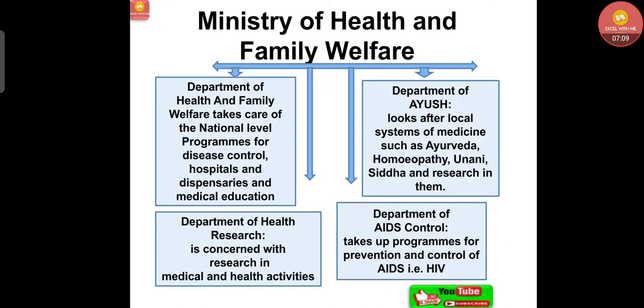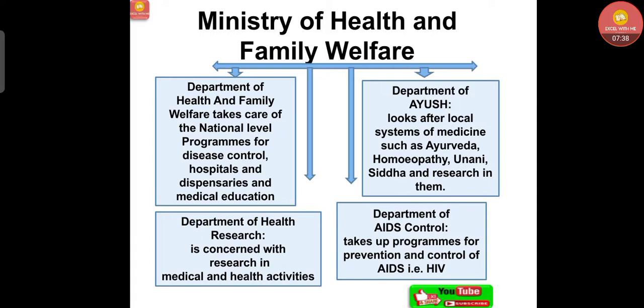Now, let's see quickly the Ministry of Health and Family Welfare, that is Department of Health and Family Welfare, takes care of the national level programs for disease control, hospitals and dispensaries and medical education. Then Department of Ayush, what does it do? Looks after local systems of medicine such as Ayurveda, homeopathy, Unani, Siddha and research in them.